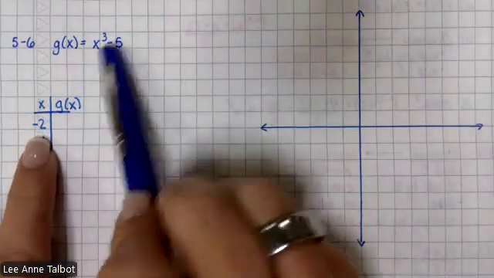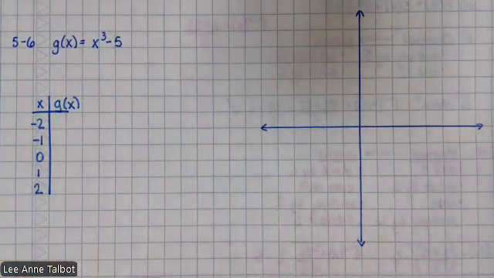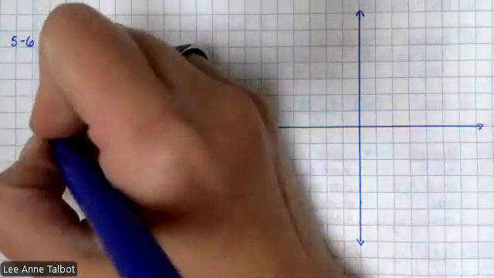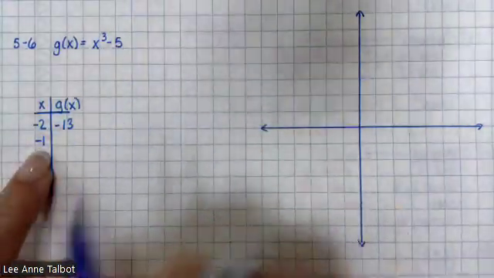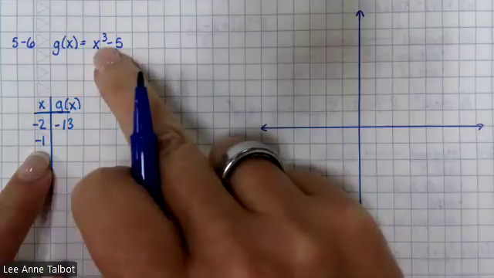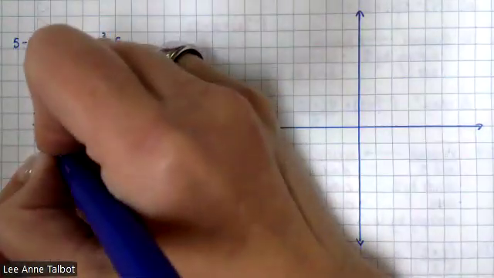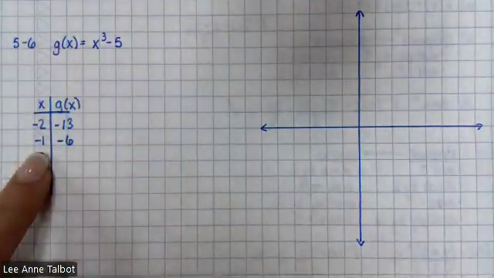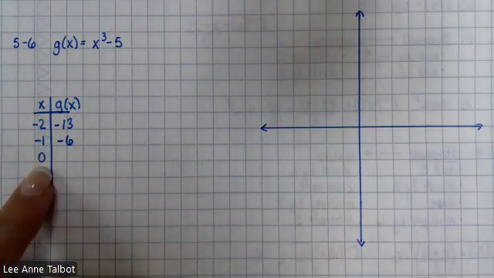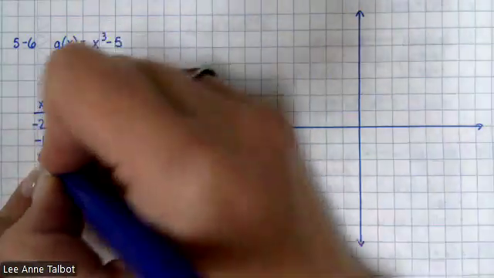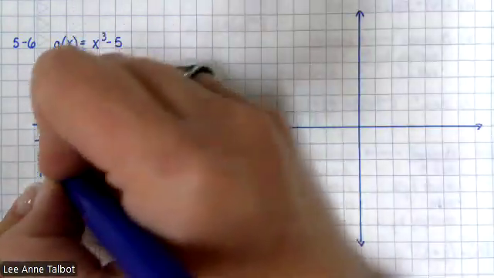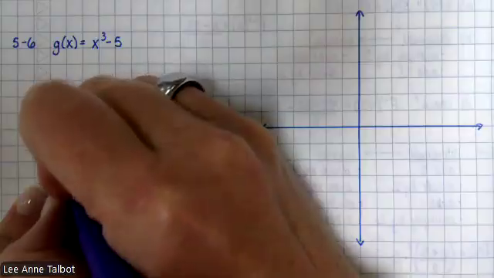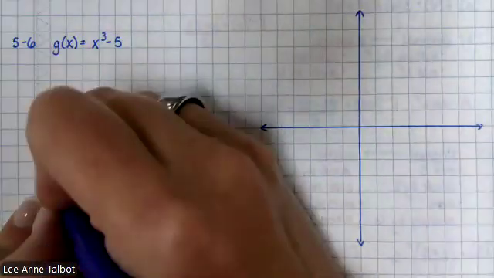What's -2 cubed? -8. -8 minus 5 is -13. What's -1 cubed? -1 minus 5 is -6. We're probably not going to graph the 13s. 0 cubed is 0 minus 5. 1 cubed is 1 minus 5. 2 cubed is 8 minus 5.